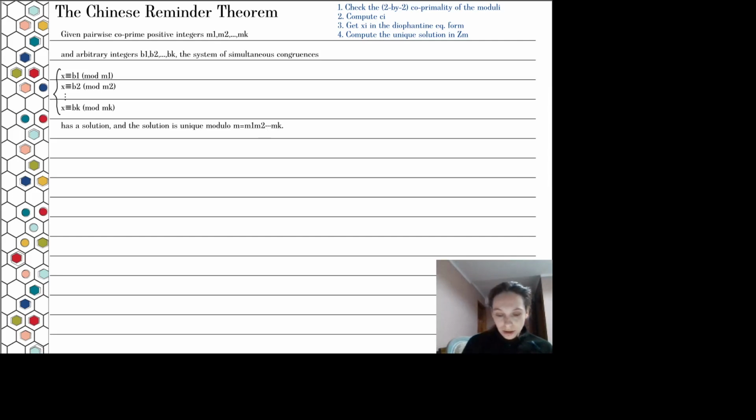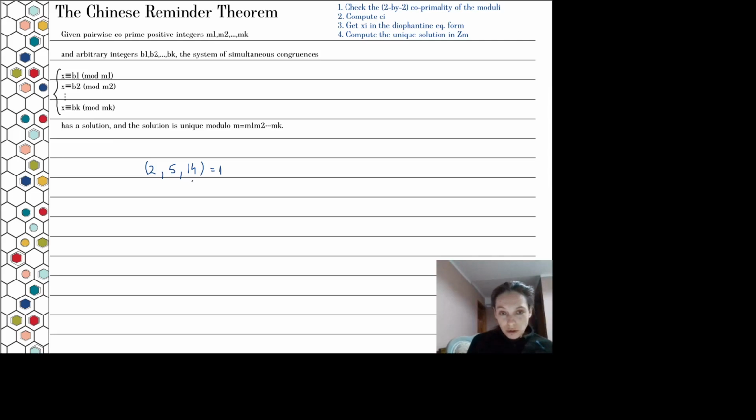So for example, if we have 2, 5, 14, they are co-prime because there is no integer greater than 1 which will divide all these three numbers at a time.